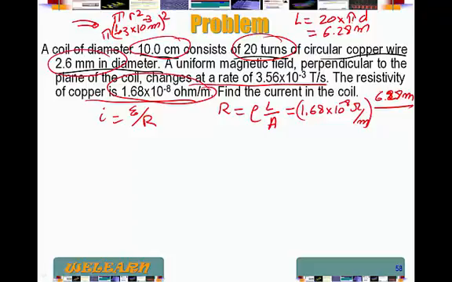In this case, that comes out to about 5.3 times 10 to the minus 6 meters squared. That gives us a resistance of 0.0920 ohms.